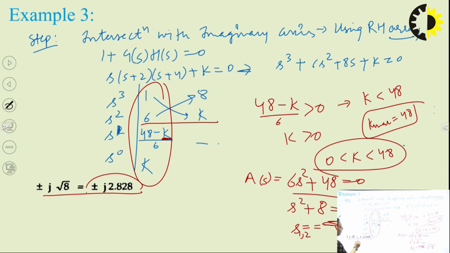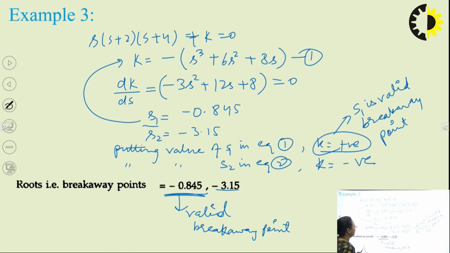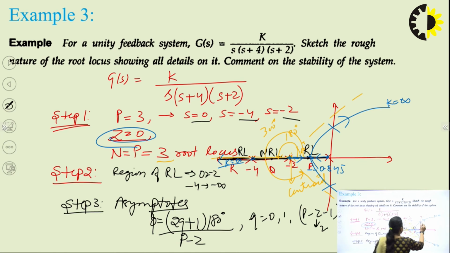That means this is the point at which the root locus branches cut the imaginary axis, that is j 2.8. So this will be the point, this is 2.8j, and as I know this is the imaginary axis and this is the real axis, this is minus j 2.8.